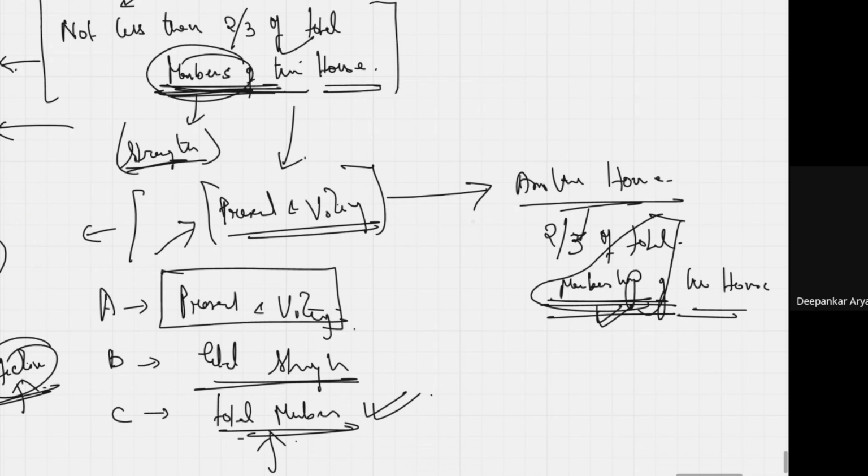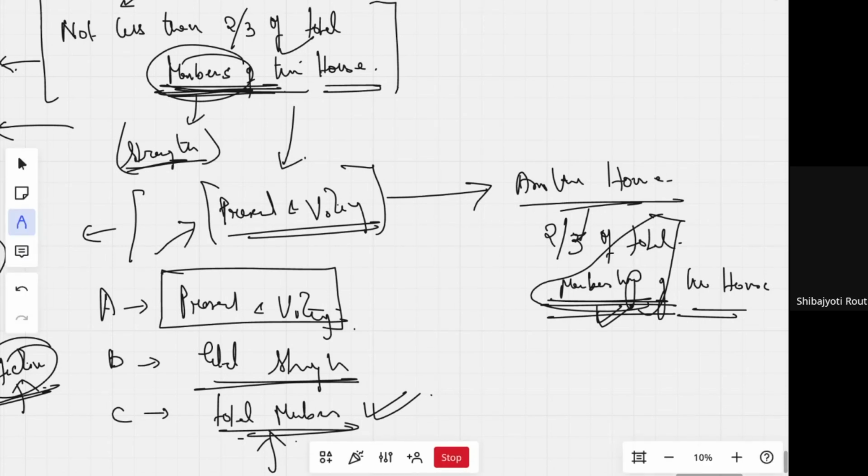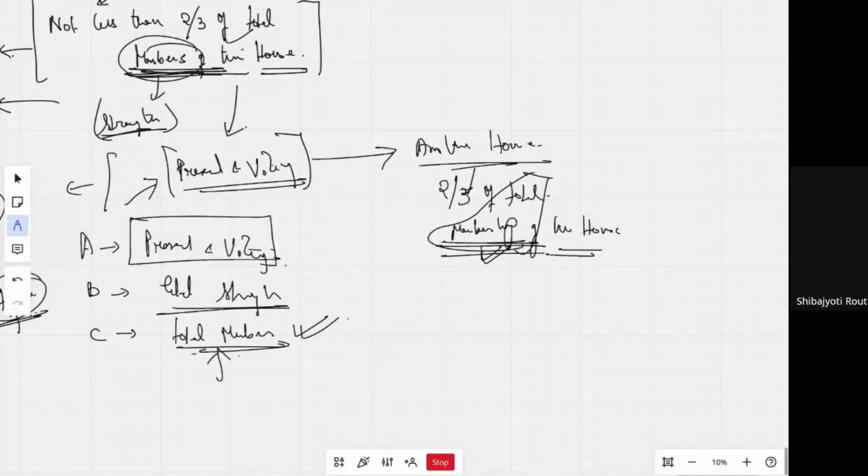Any other argument? Currently, sir, 545 is total membership of the house. That's what I know. 543. But sir, the nominated member cannot be counted. 543 is the total members.